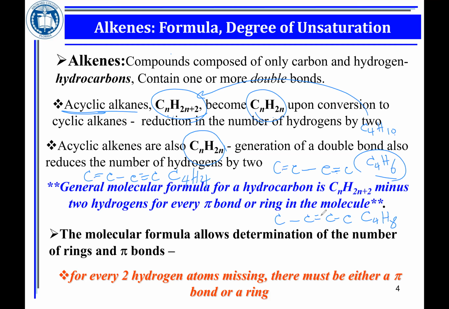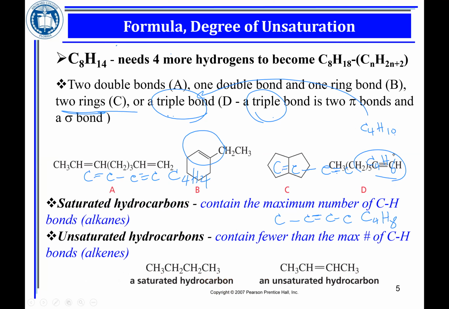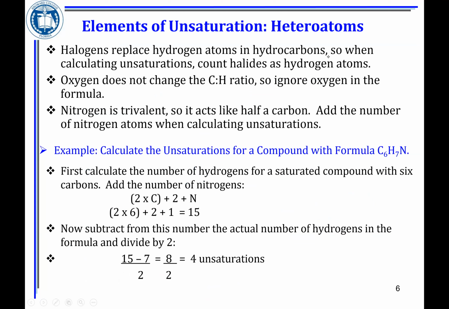If it has only 1 double bond, it's called monounsaturated. So you have polyunsaturated or monounsaturated. These are other terms that are associated with the family of alkenes.